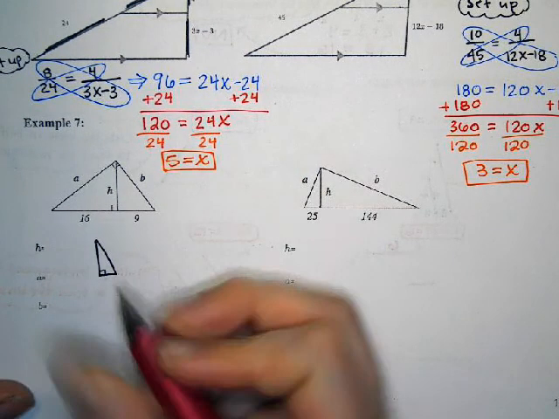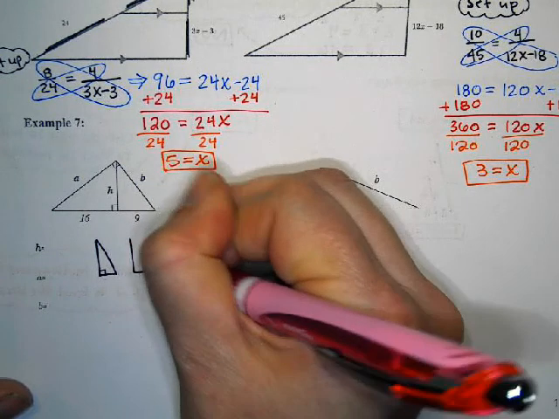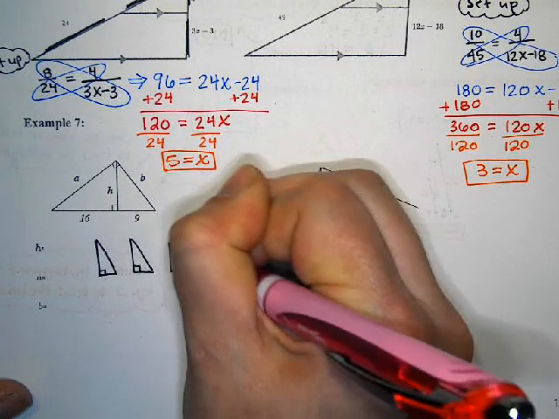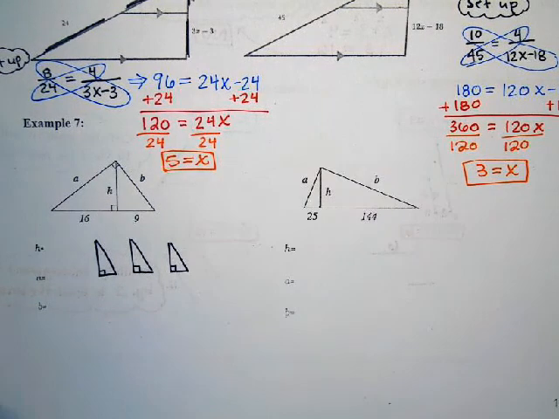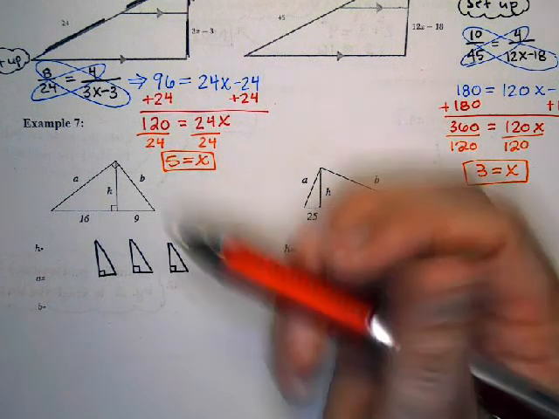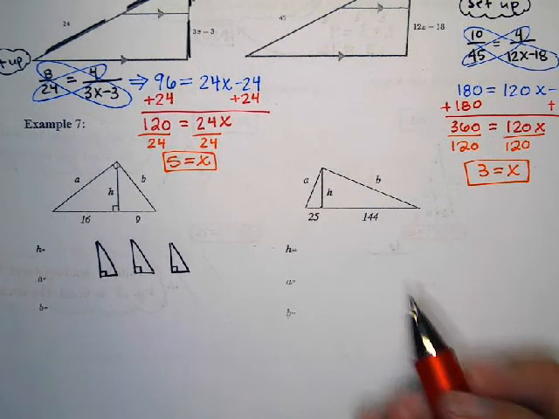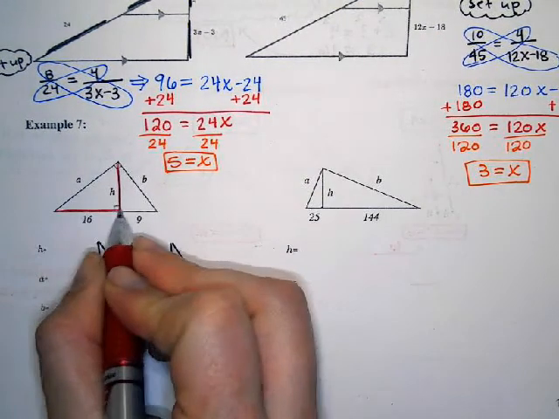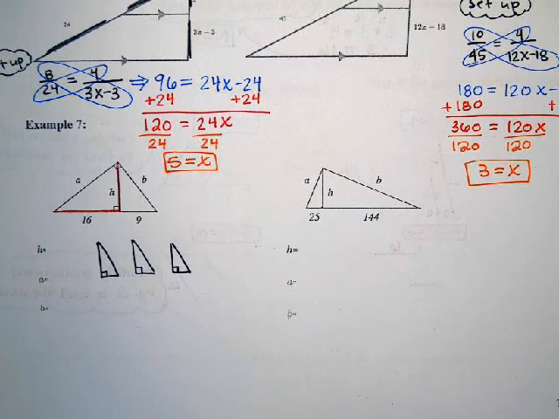I'm going to draw them out and separate them. So I try and make it exaggerated. I like the small one on the bottom. The small leg is on the bottom. And then I'm going to fill in the sides. So looking at the legs, H and 16, which leg looks shorter?